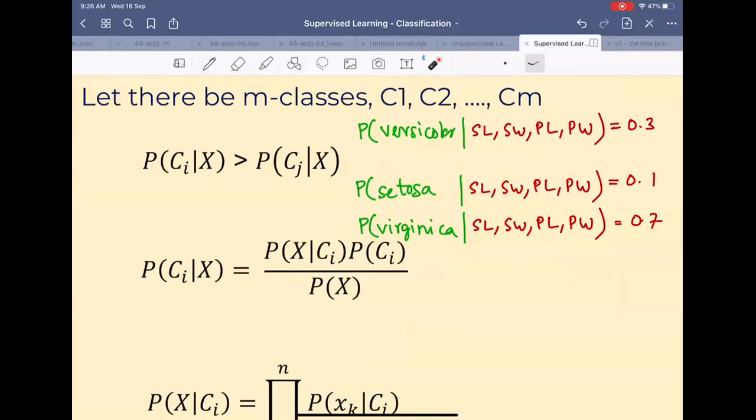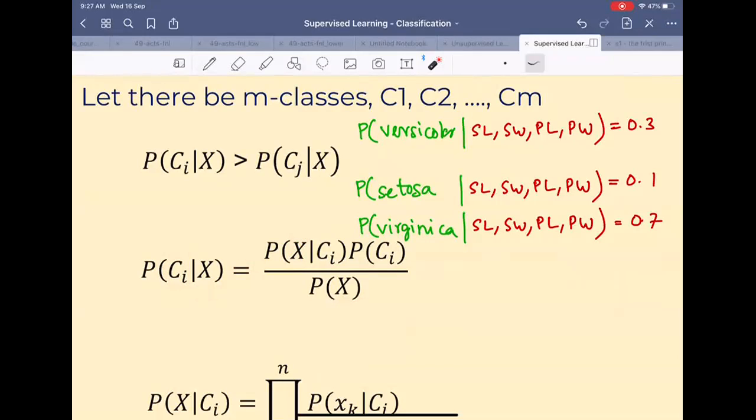What is the probability of a given class? So what is the probability of a class given a certain data? Bayes Theorem says that the probability of a class given data is equal to the probability of that data given class multiplied by the probability of that class divided by the probability of the data.